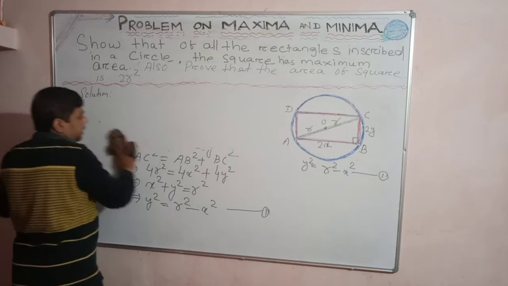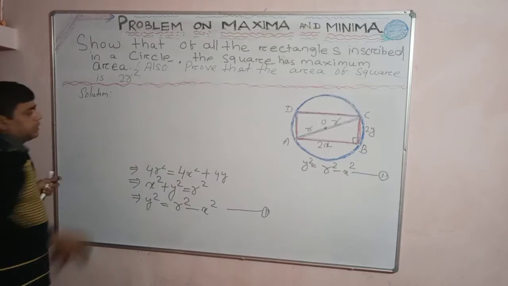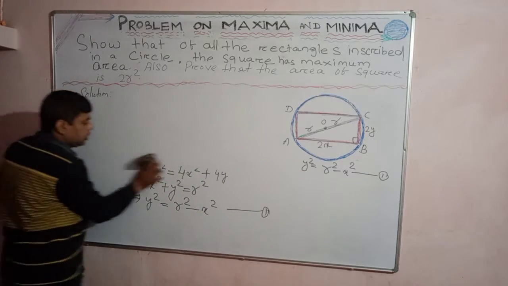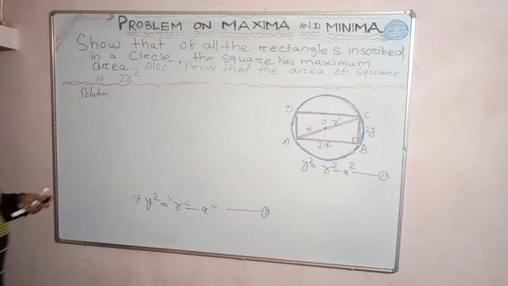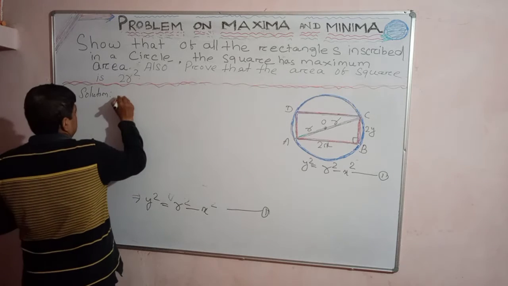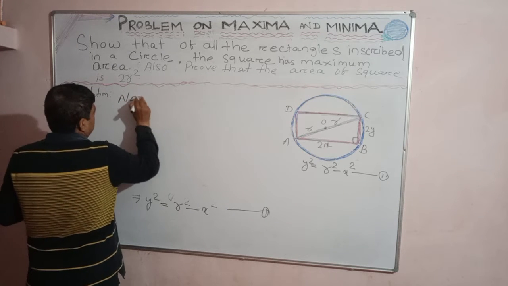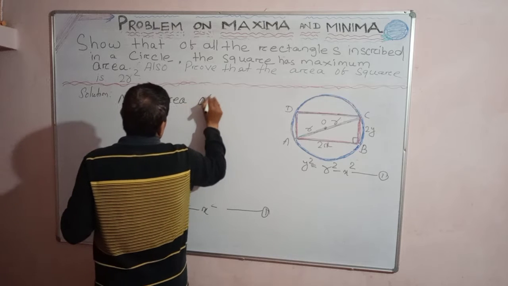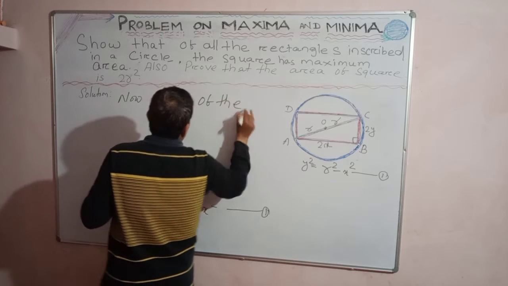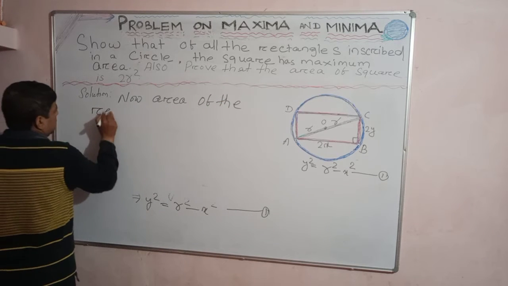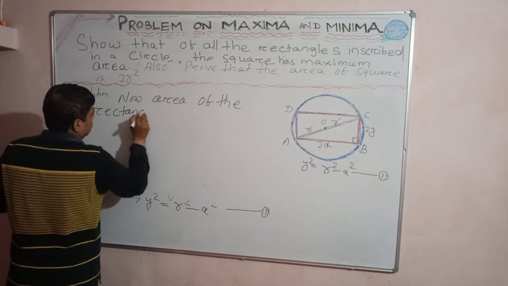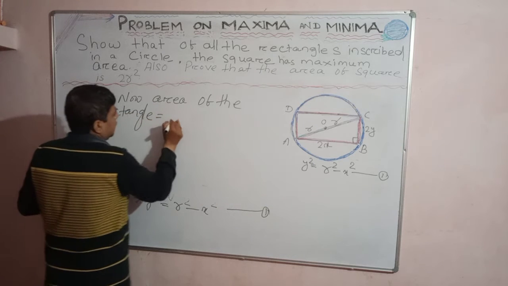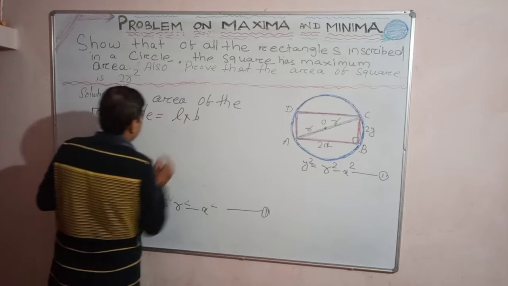Now let us find the area of the rectangle. What is the area of the rectangle? Now the area of the rectangle is equal to length multiplied by breadth, the product of the length and breadth.